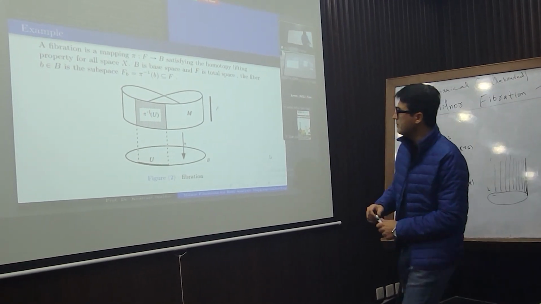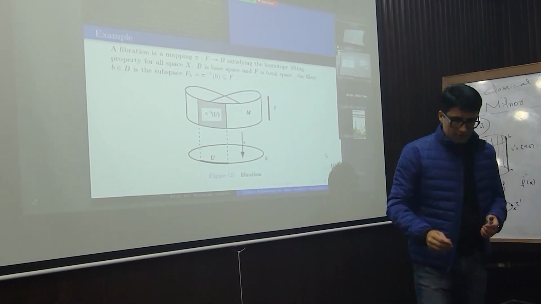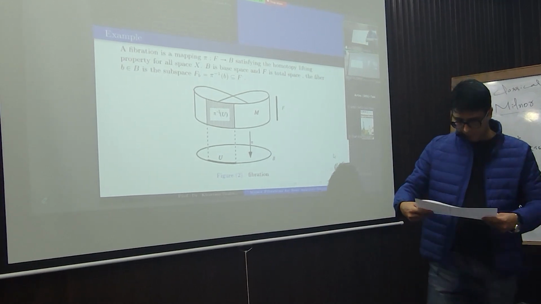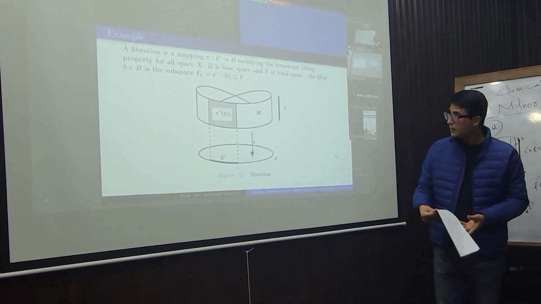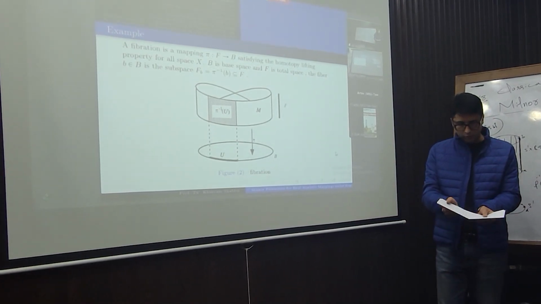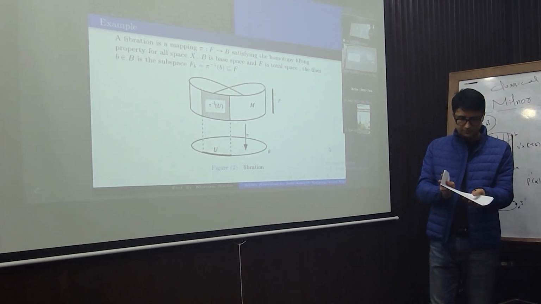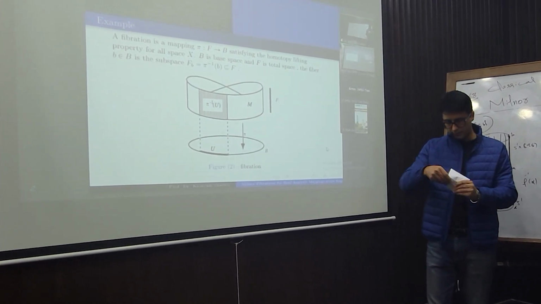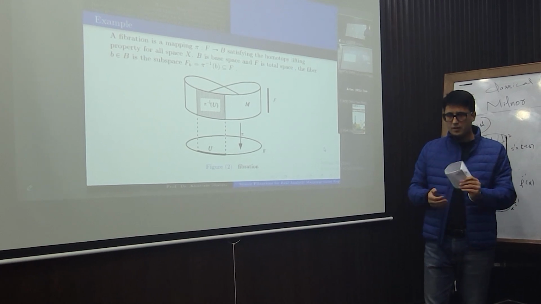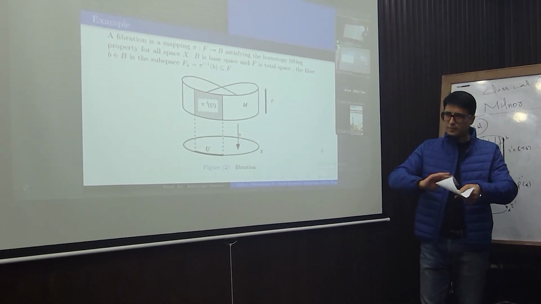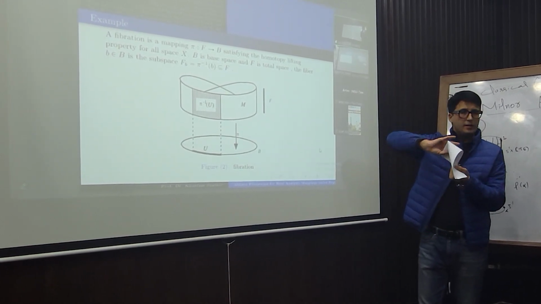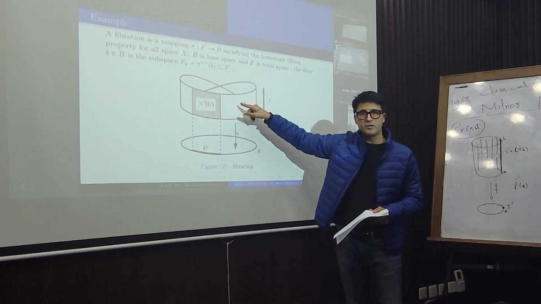Yes, here you can see the Mobius band, for instance. If I attach this strip without giving any twist, this is the cylinder. But if I give a twist and then attach, this is the Mobius strip.